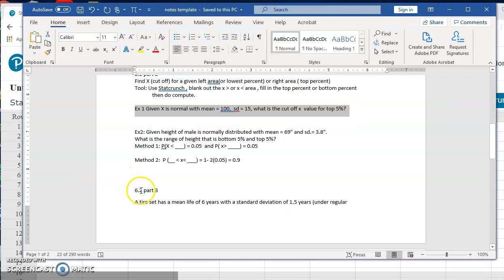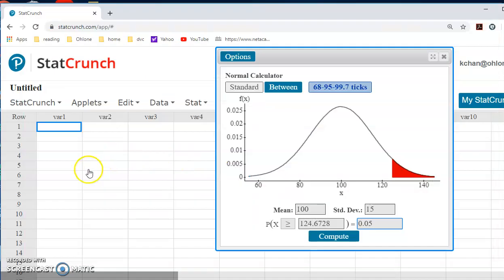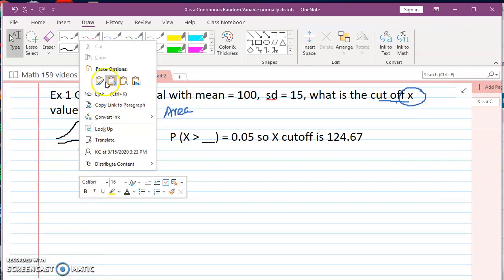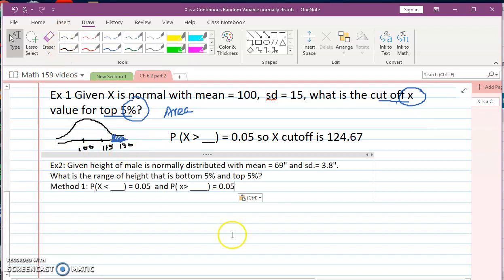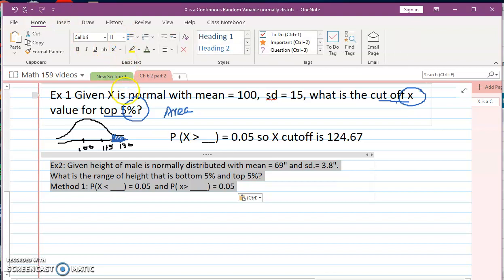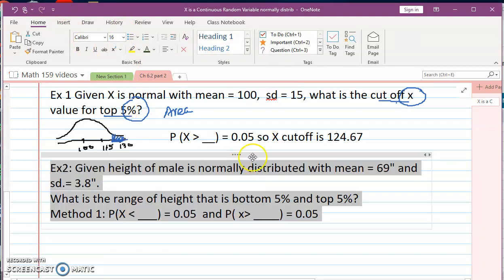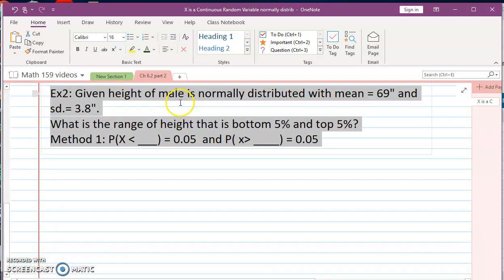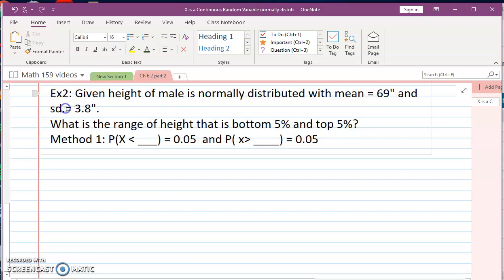The second question is about finding a range of X that is the top and bottom. Given the height of males is normally distributed with mean 69 inches and standard deviation of 3.8 inches, what is the range of height that is bottom 5% and top 5%?